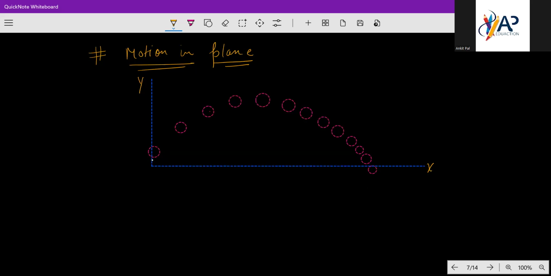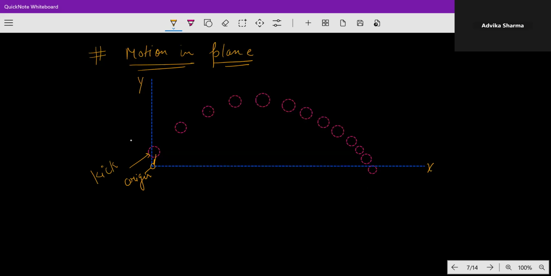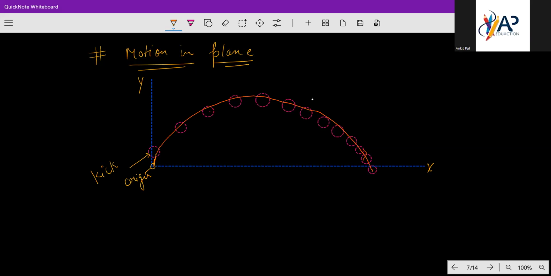Suppose that this wall is here at origin. If someone kicks this ball, then the motion of the ball is this, right? This is a projectile motion.